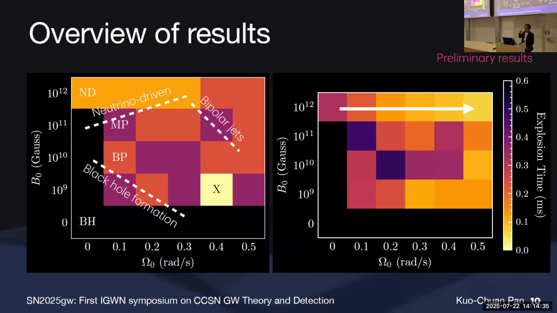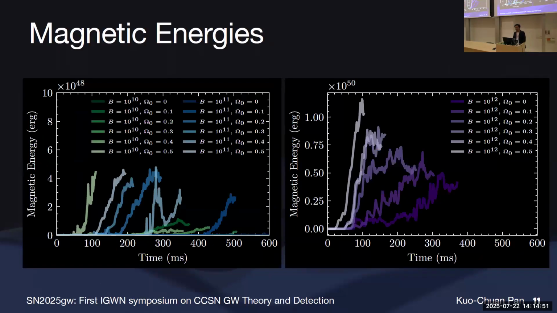But for these very highly magnetized cases, you can see a clear trend: stronger rotation with strong field, then you can have fast explosion. Okay, so we're still analyzing this data, but we can also see that these strong magnetic field cases have a much stronger magnetic energy compared to other cases.